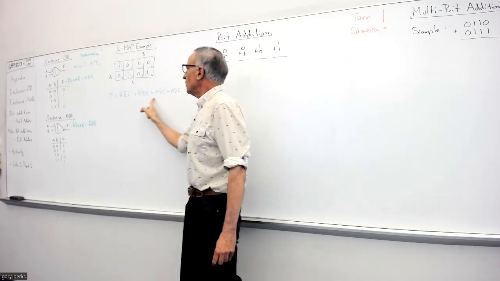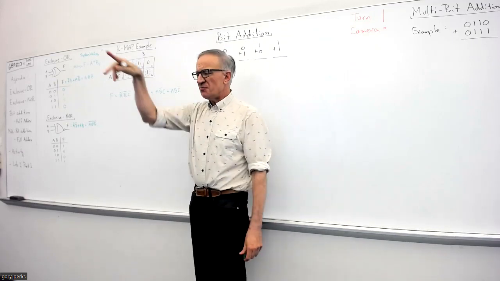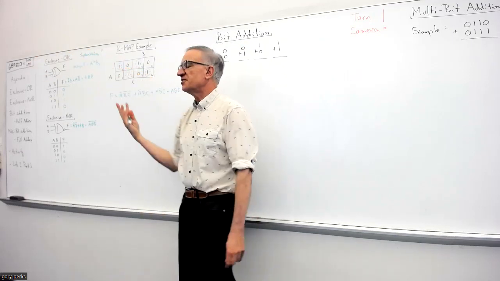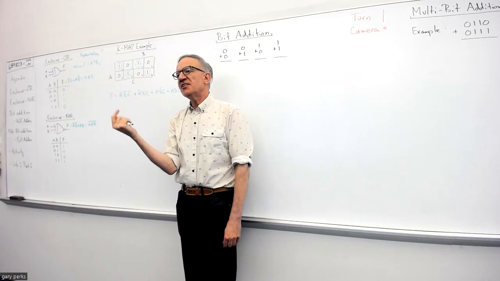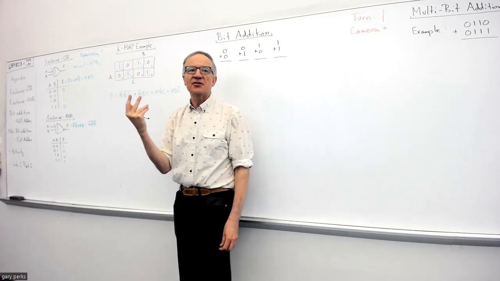But when you have something like this, we can do further reduction by using the laws and identities, because just like in base 10 algebra, in base 2 algebra, you can factor out common terms.